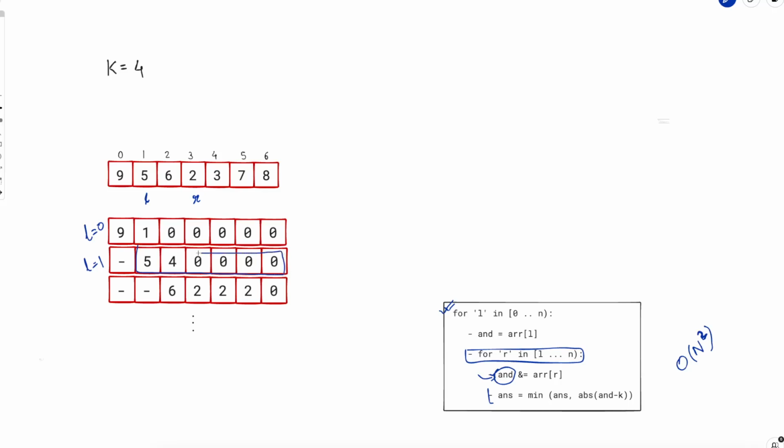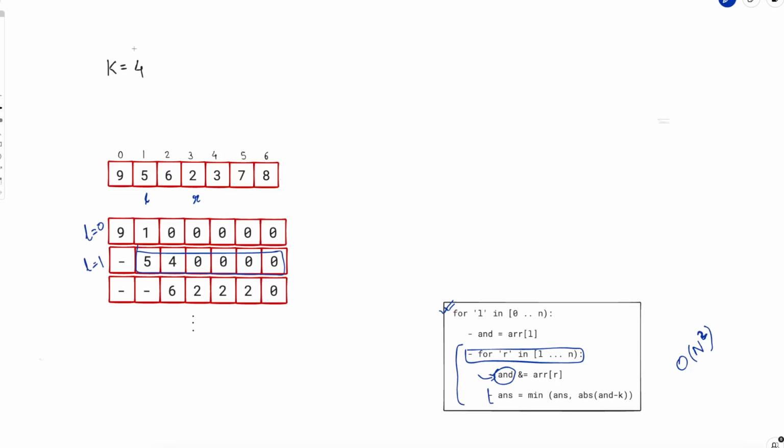Now if we have this AND array and we need to figure out the best possible index for the current L, can't we do this? We can simply figure out which one is closest to k, and that will be my answer. And what closest to k means, in other words, is simply upper bound or lower bound, whatever you call it.